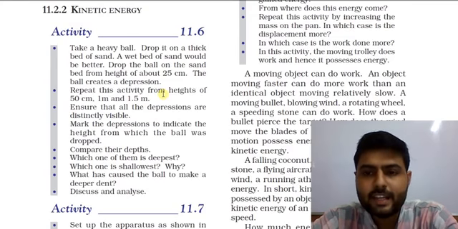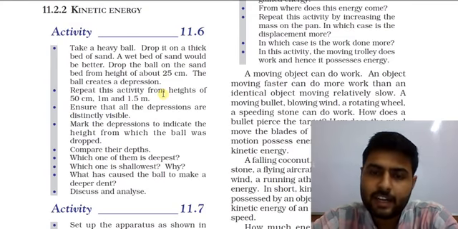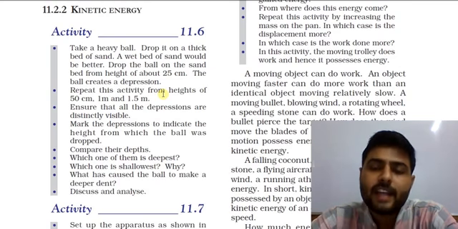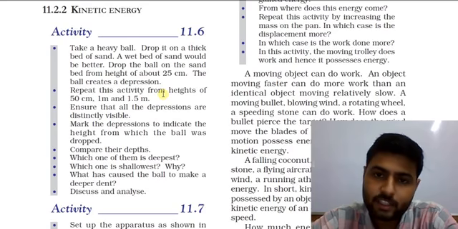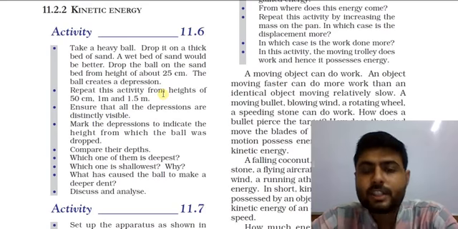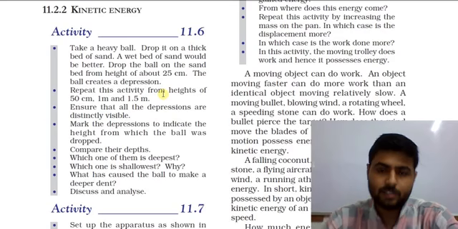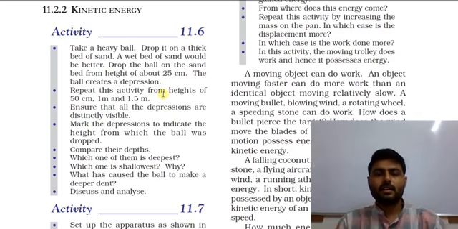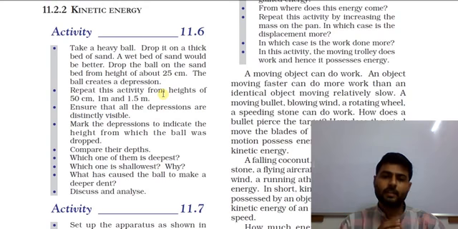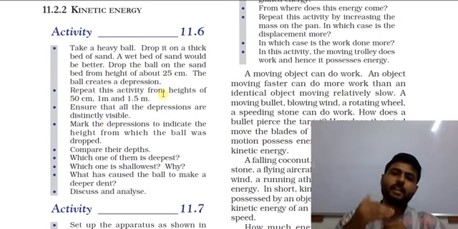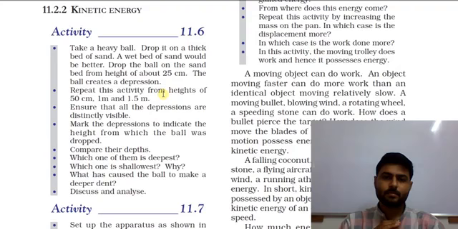By these two activities we try to understand what kinetic energy is, how we can increase it, and on which factors it depends. First of all, kinetic energy depends on velocity. As velocity gets higher, kinetic energy gets higher. And second is the mass.